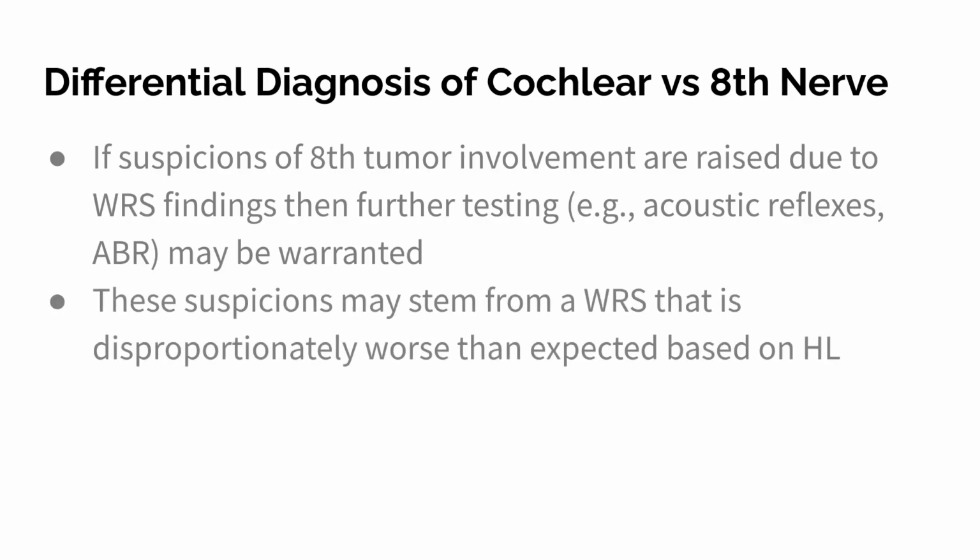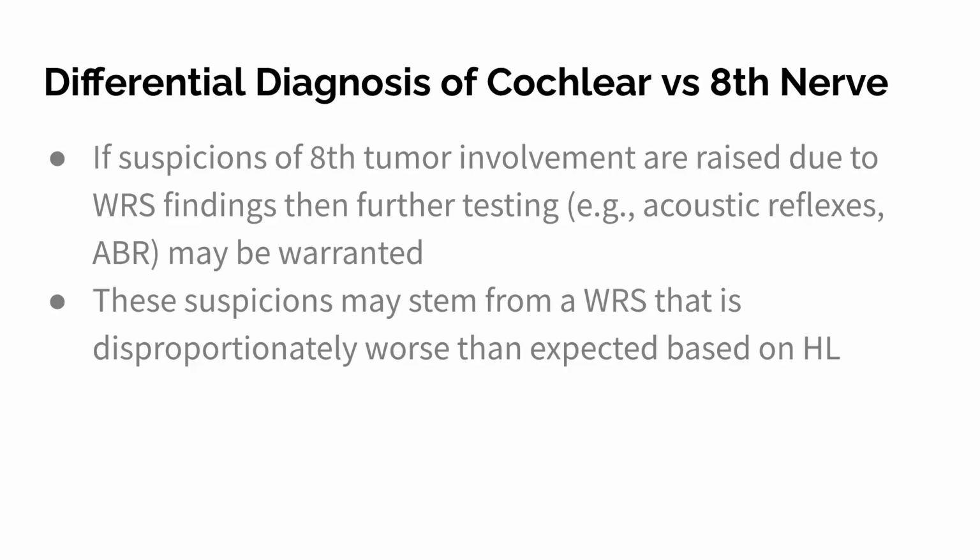Honestly, the suspicions may stem from a word recognition score that's disproportionately worse than expected based on hearing loss. This is a red flag. Say you have a small asymmetry in pure tone audiometry, but a large asymmetry in word recognition scores.